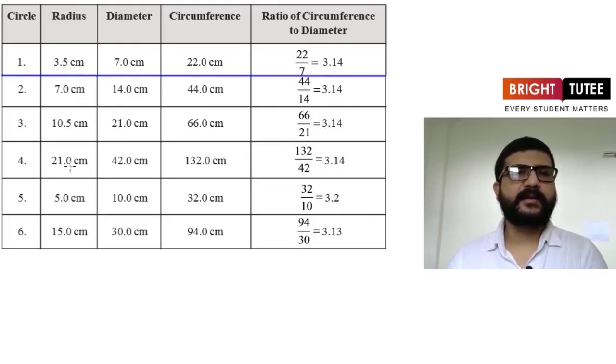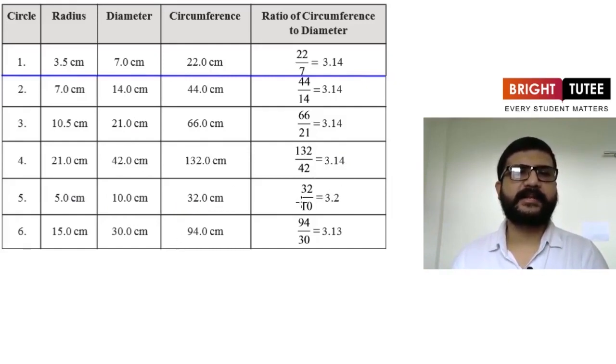Same is the case of the fourth circle, which is of radius 21 centimeters, so diameter will be 42 centimeters, and its circumference came out as 132.0 centimeters. Again the ratio of circumference and diameter is 3.14. Now in the next case, radius is 5 centimeters and diameter is 10 centimeters. So its circumference came out to be 32.0 centimeters.